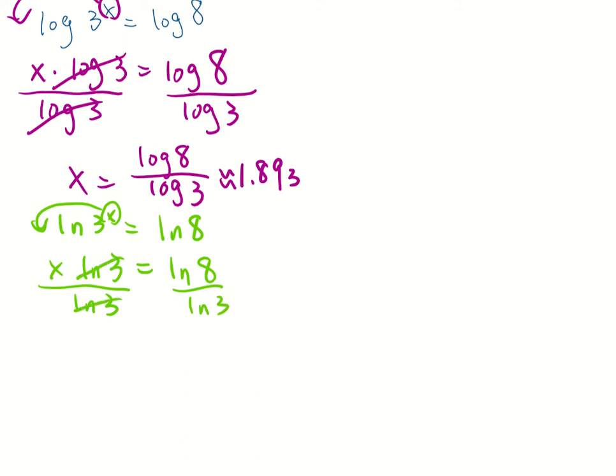So these two cancel out. So x equals, the exact answer is ln of 8 over ln of 3. If you remember the change of base property of logarithm, you can see these two values are the same.